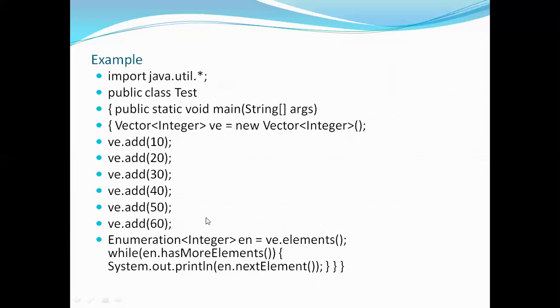Here I'm checking in the loop whether it has any more elements while printing one by one. It means I'll print the first element, then I'll check whether it still has any more elements.